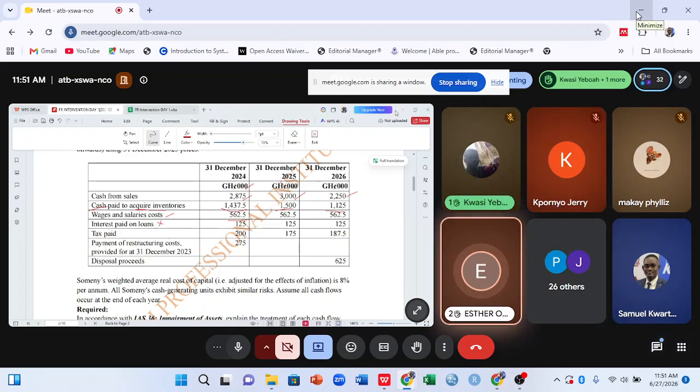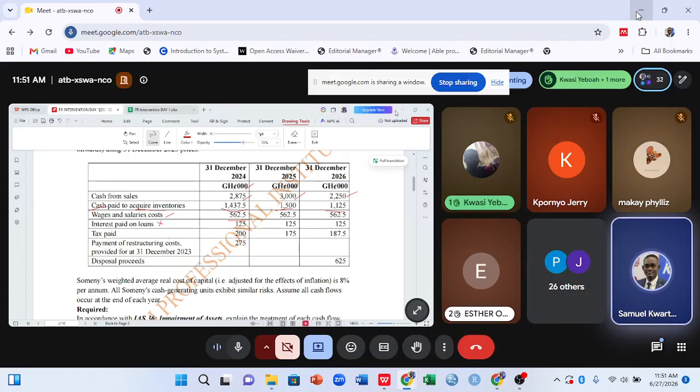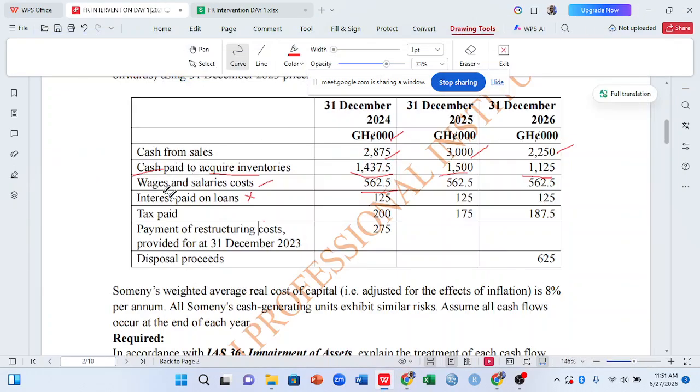The standard says you should exclude income tax payments and receipts. The standard says that the cash flows you use should be before-tax cash flows, so tax payments and receipts are not considered.